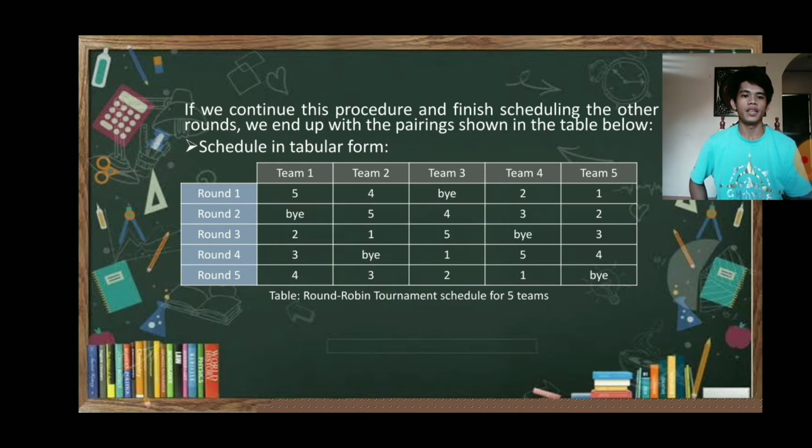Team 3 paired with a dummy team, Team 4 with Team 2, and Team 5 paired with Team 1. And if we continue the process to round 5, the table represents the result of it.